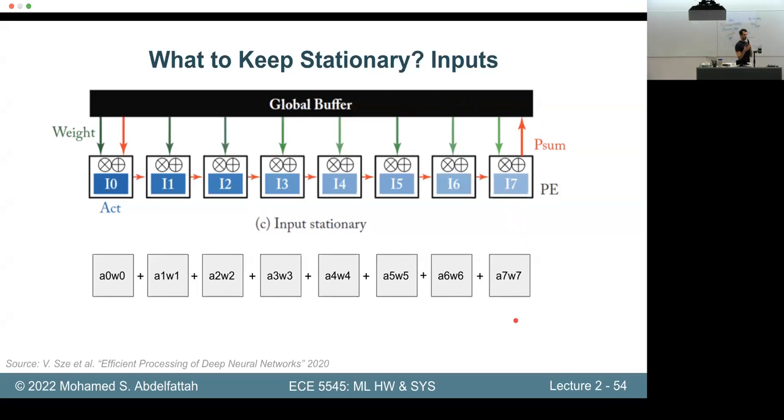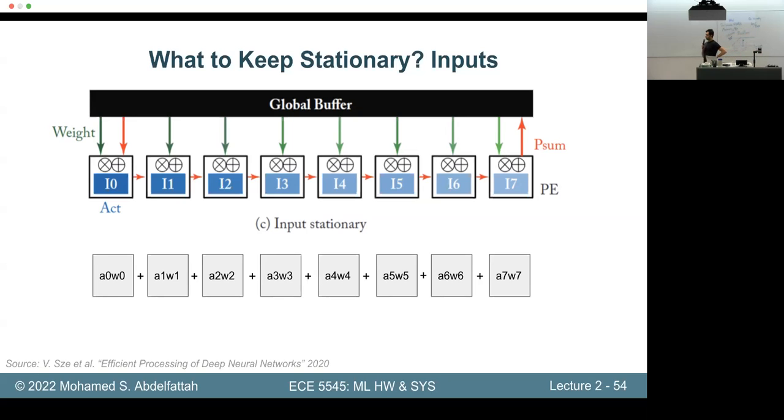So we now have our activations stationary in those boxes, and then we load new weights, we multiply it by the activations, and we do the addition to get the result. So it's the same picture as before, but now when I load in a new set of operands, it won't be a new set of activations, but it will be a new set of weights.